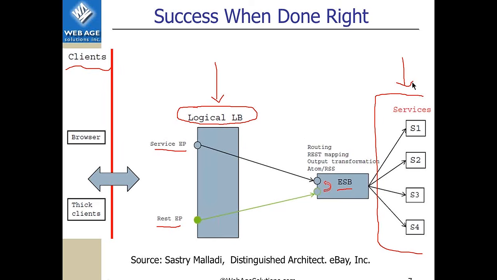So ESB does message routing, transformation of messages, mediation, and some other added value for the message flow. And we will be talking about many of those aspects in this presentation.